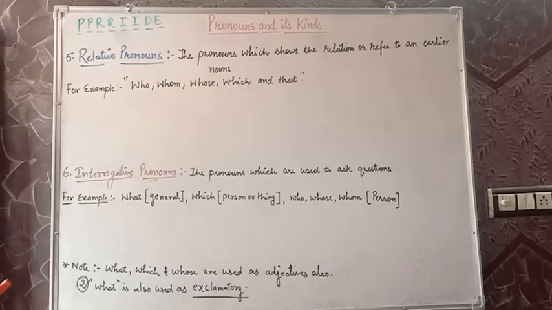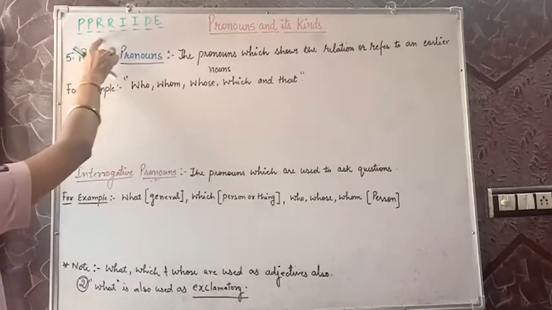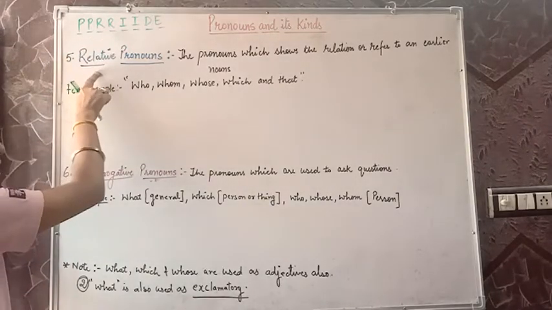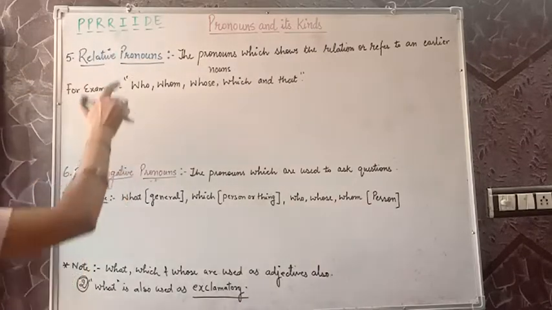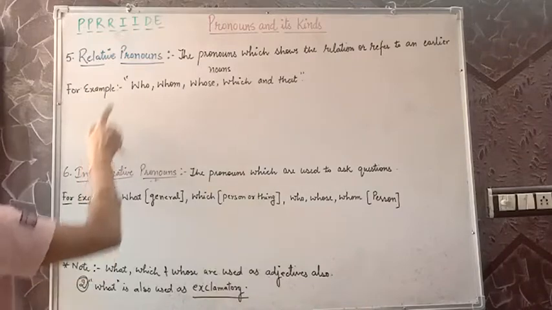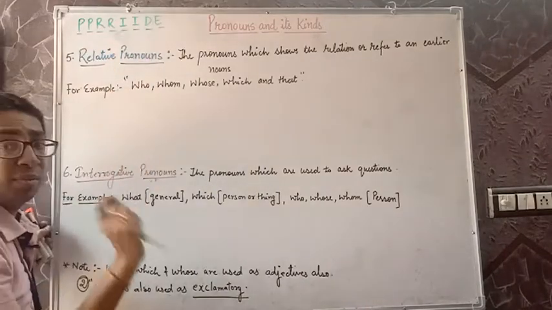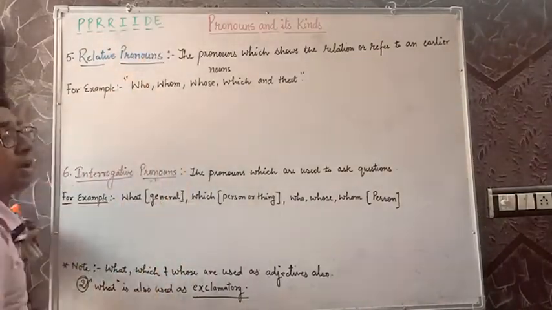P stands for personal, P stands for possessive, R stands for reflexive, R stands for relative, I stands for indefinite, I stands for interrogative, D stands for demonstrative, E stands for emphatic.